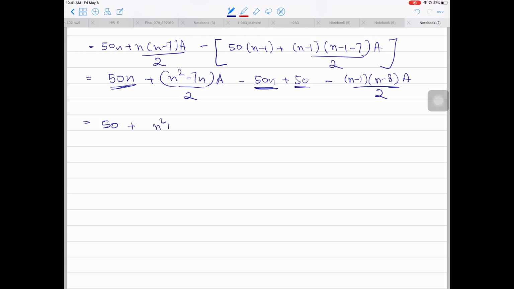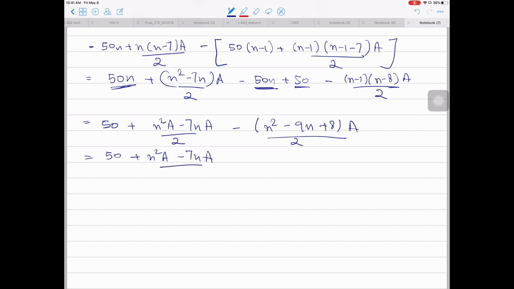plus n squared a minus 7na over 2 minus, this thing is n squared minus 9n plus 8 times a over 2, which gives us 50 plus n squared a minus 7na over 2 minus n squared plus 9n minus 8, all terms multiplied by a over 2.